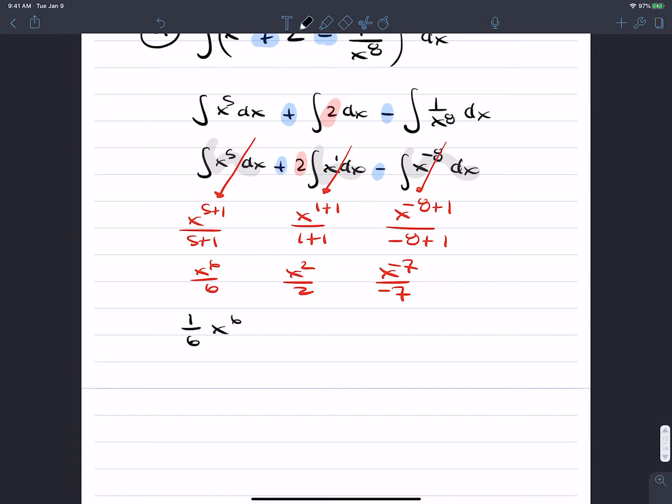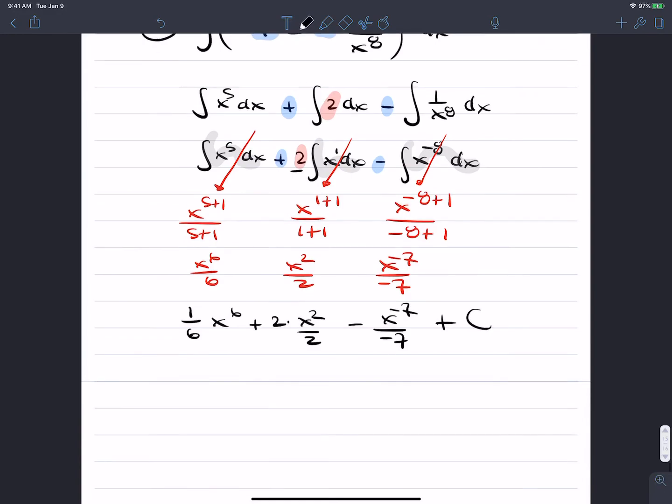1/6 x to the 6 plus 2 times x squared over 2, because there was already a 2 here, minus, we should say, x to the minus 7 over negative 7, and don't forget to add your constant.